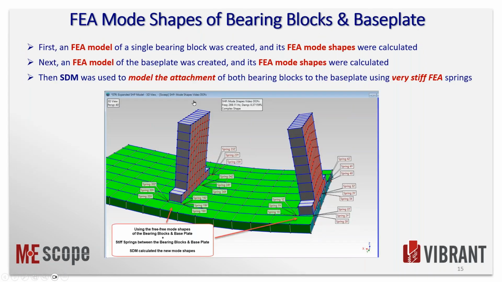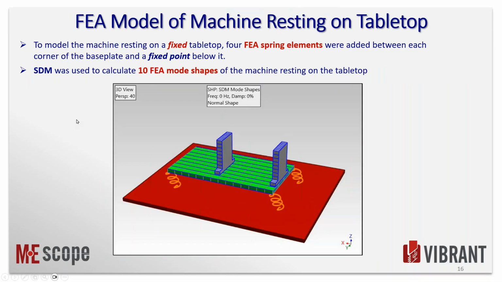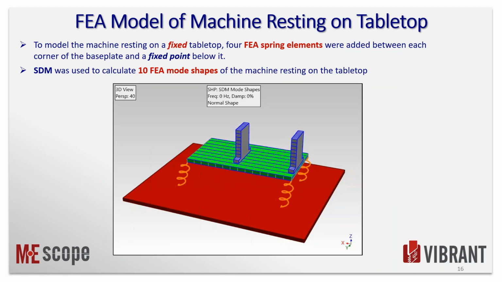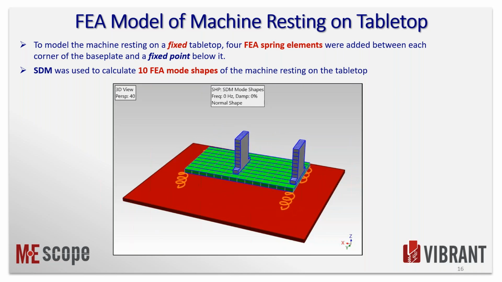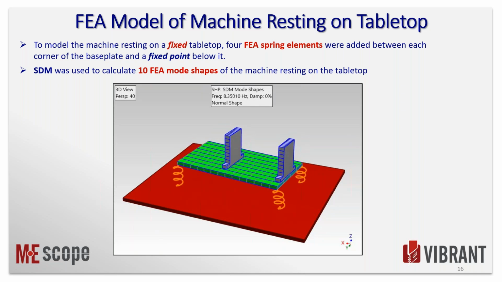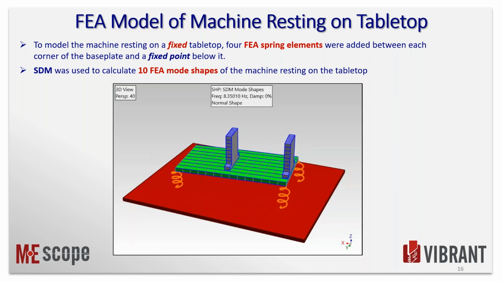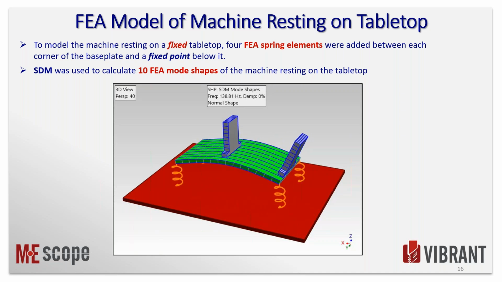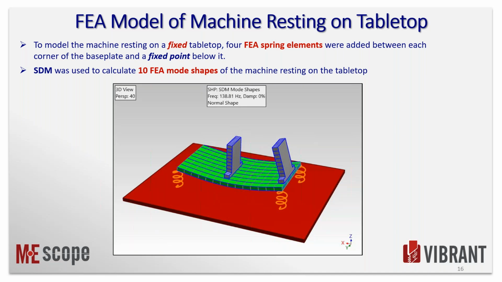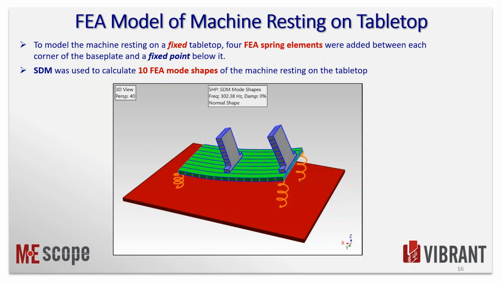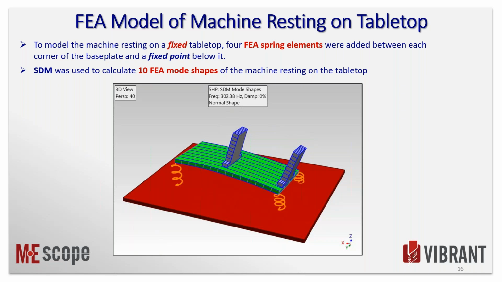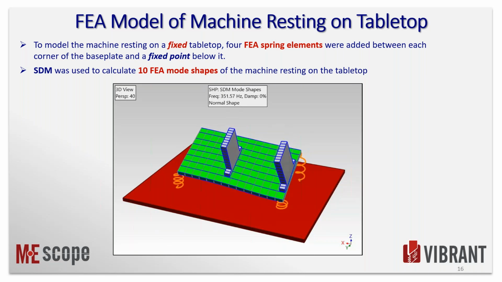Okay, so here they are. So there's the first mode, 0 frequency, there's the second mode, there's no resonant frequency there, it's just moving on its spring. There's the third mode. Now it's got a little bit of frequency, 8 hertz, but it's basically just moving on the springs. Now we're getting deformation of the base plate, the bearing blocks.